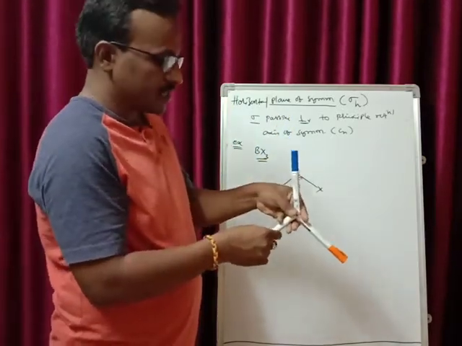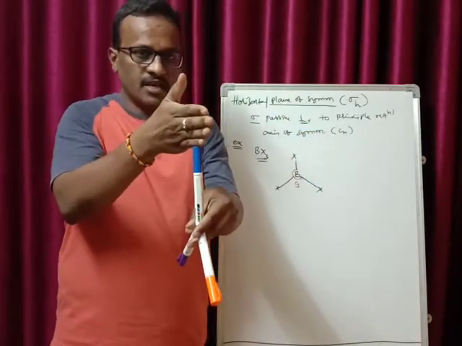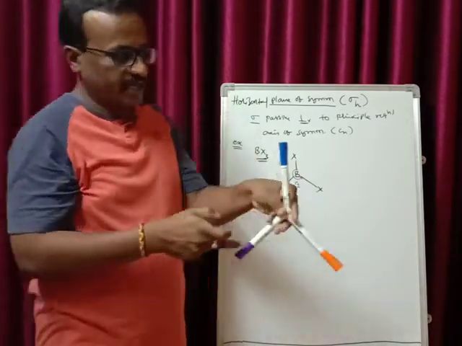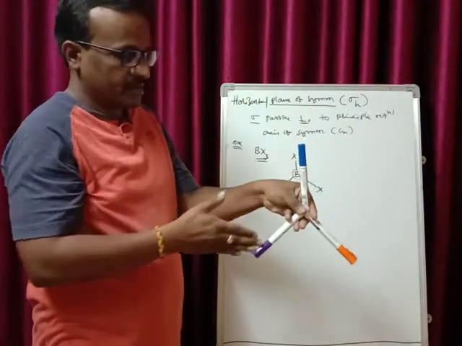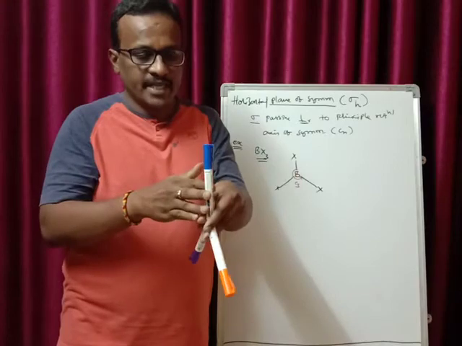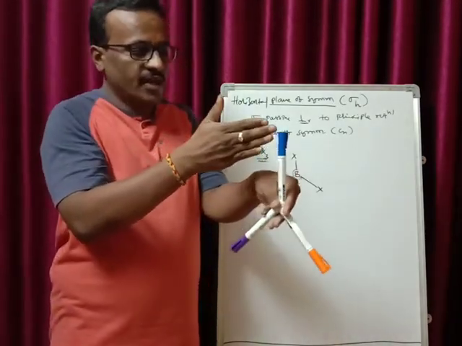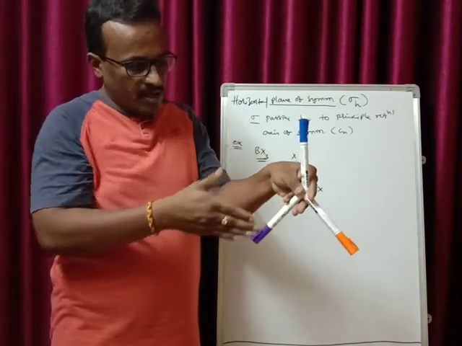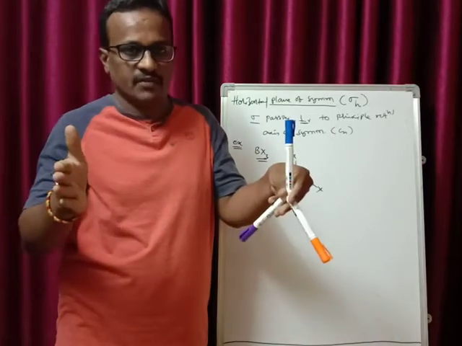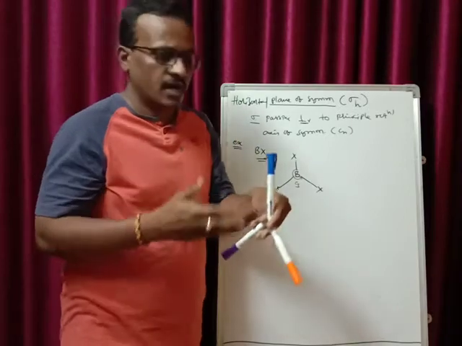Now if you take this BX3 molecule and cut like this, touching the center of this X, and this X, just like if you cut a cake from the center, you get two equal halves. Here also you are bisecting this molecule, reflecting it from the center. Therefore you get two equal halves of this, and we say it has a plane of symmetry.